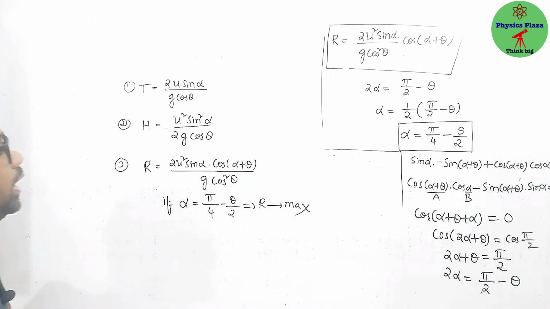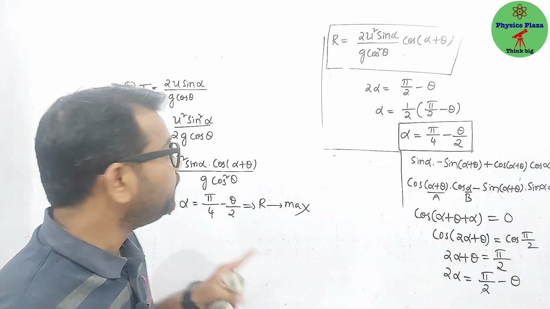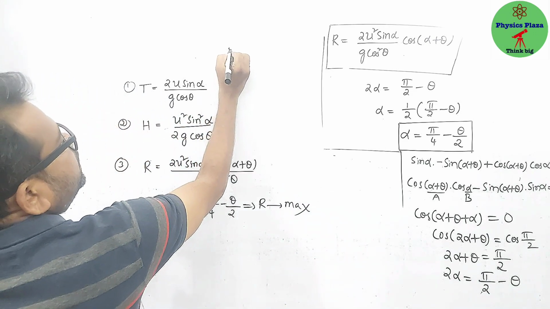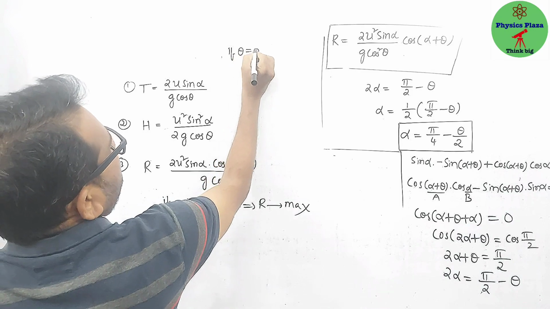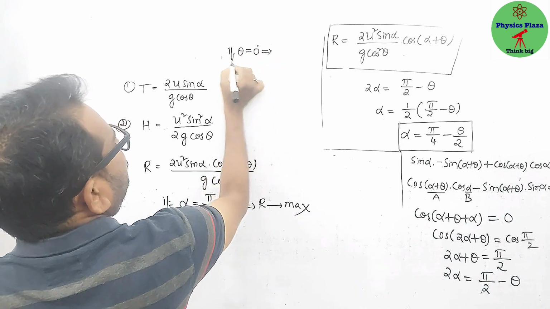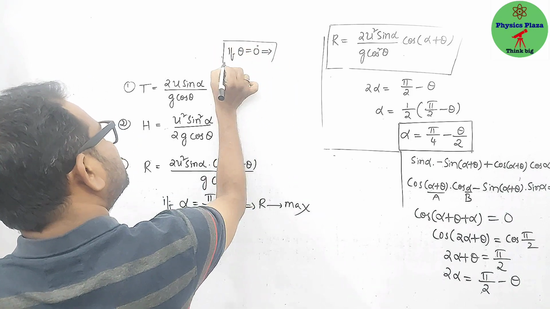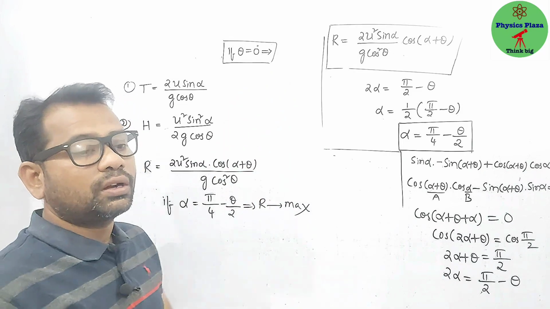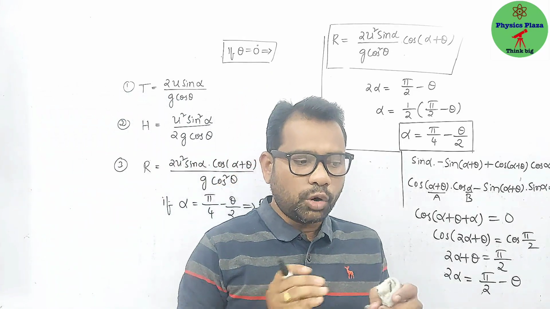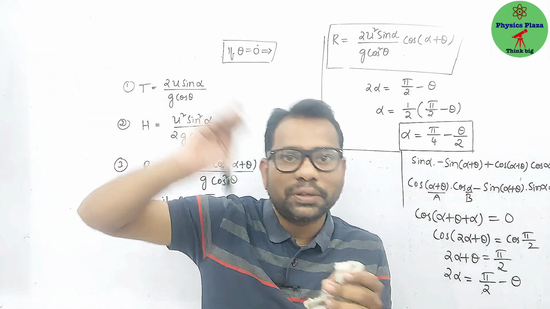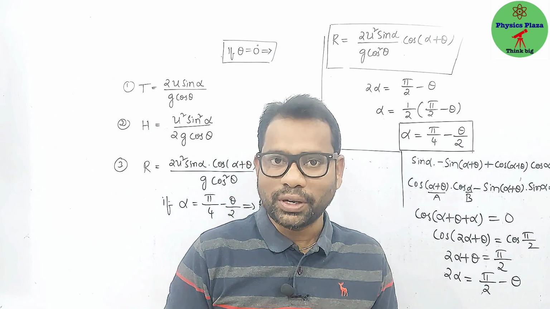And children, let us try to understand here. If theta is equal to 0, theta is equal to 0 means what? It is nothing but projectile motion, and projectile motion means the body is projected from the horizontal only. Is the point clear?